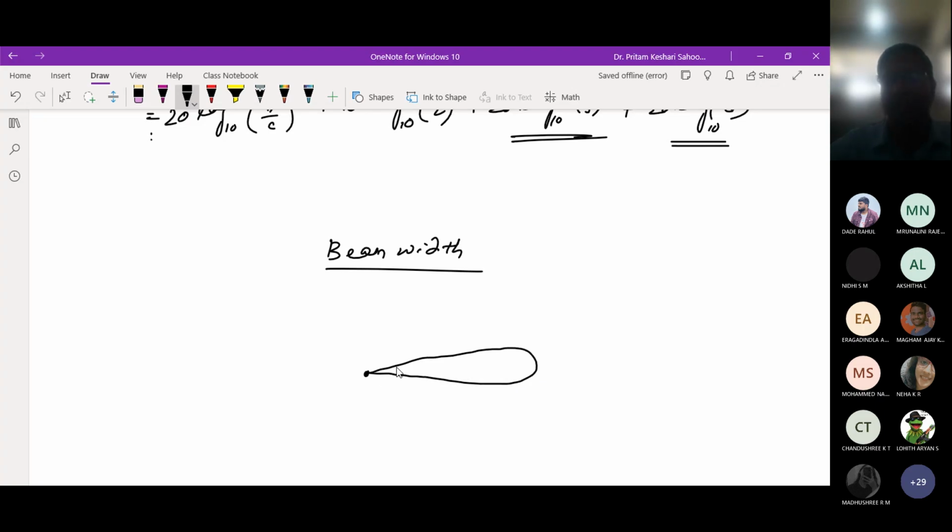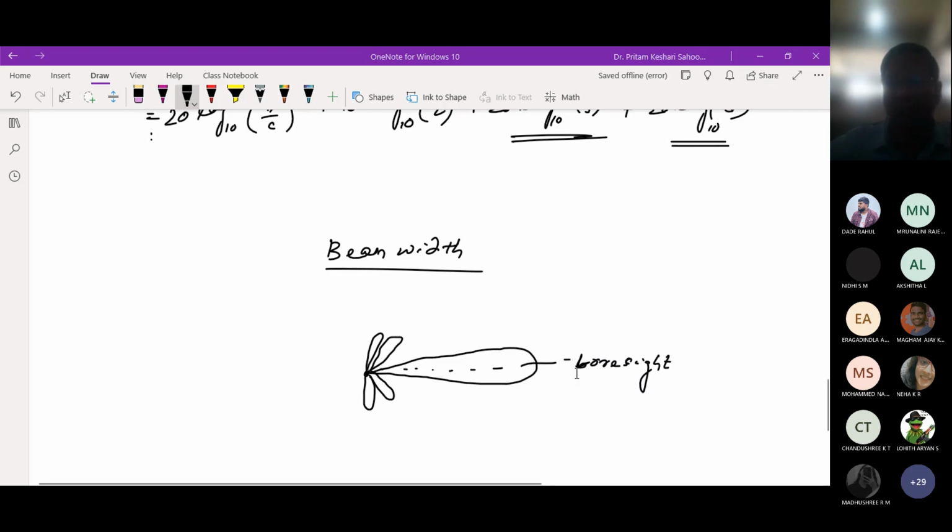That beam will be radiated in this direction, whereas you will have some minor lobes, which are called the side lobes. This is called the main lobe, and this direction is called the bore side.